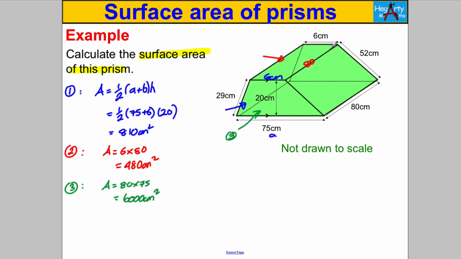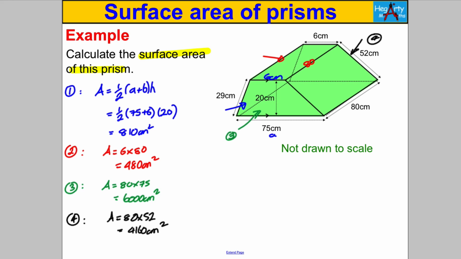So we've done the two trapeziums, we've done the top, we've done the bottom. Now we need to do this slanted rectangle here, which I'll call number 4. That slanted rectangle, it's 80 across and 52 high, so that area is going to be 80 multiplied by 52, 4160.